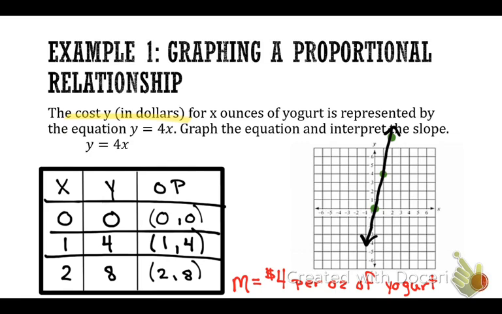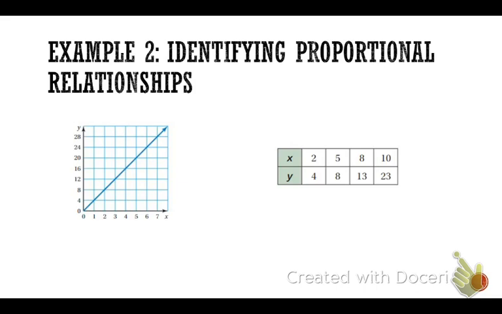All right, in the next example, we're identifying a proportional relationship. There has to be a constant rate of change. On a graph, I'm looking for the line to pass through the origin. If it passes through the origin, that's my reason. If it doesn't, that's my reason why not. Okay? So on this first graph, you don't necessarily have to sketch the graph, just look at it with me. All right? Does that graph represent a proportional relationship?